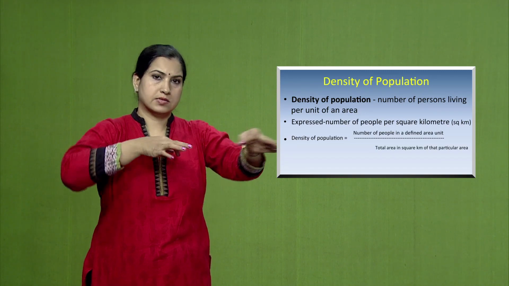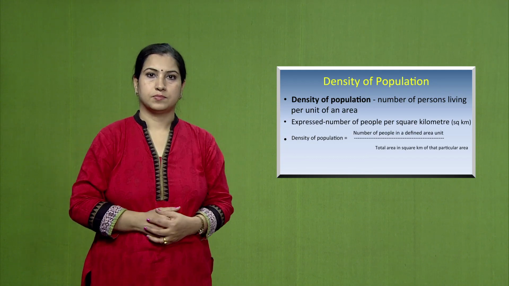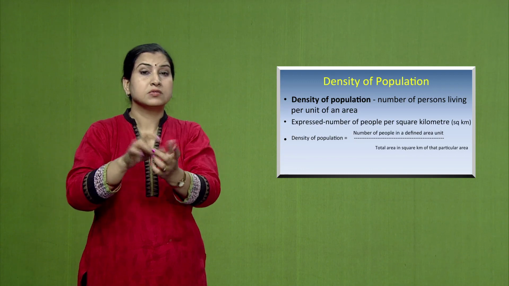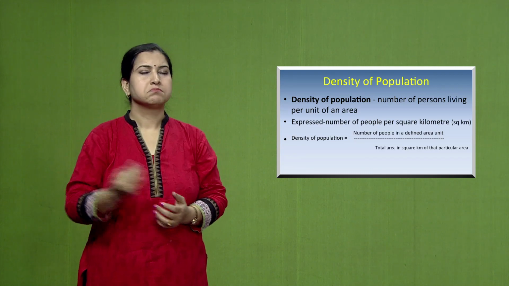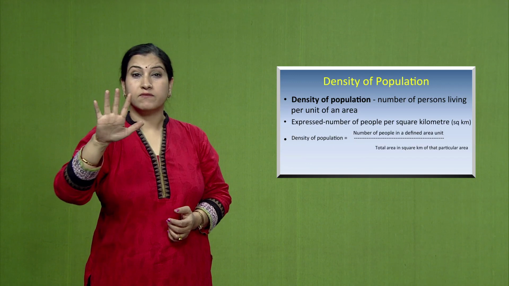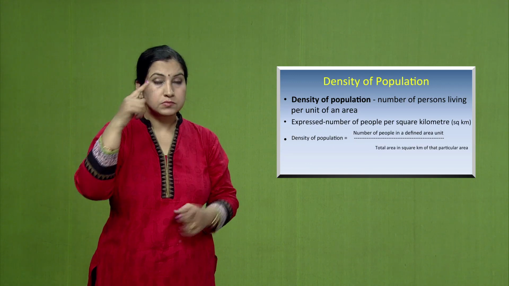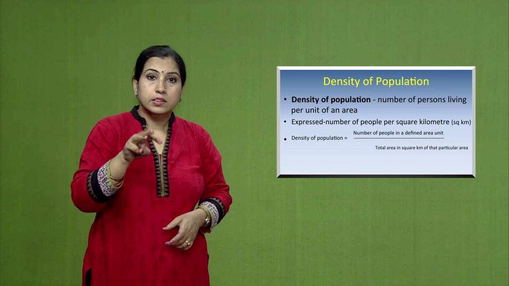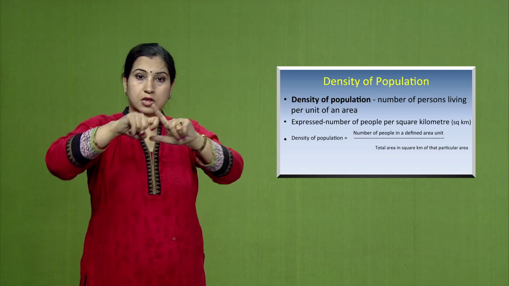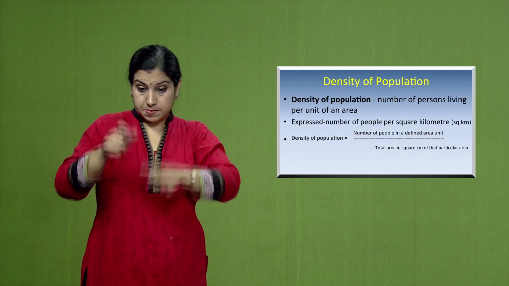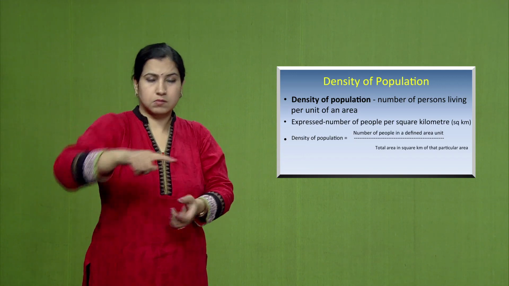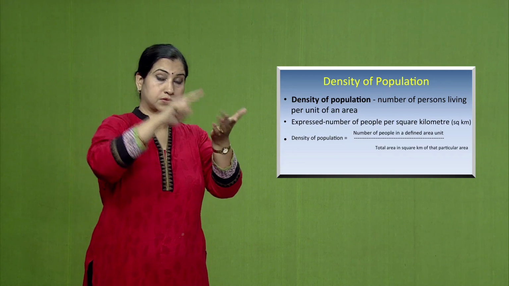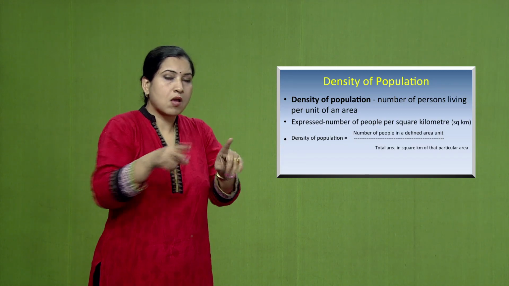For example, let us assume that the population of a district is 2,50,000 and its area is 1,000 square kilometer. The density of population of this district can be calculated as follows.